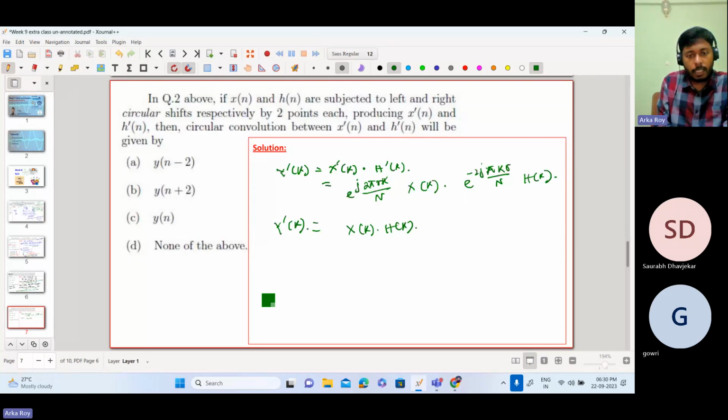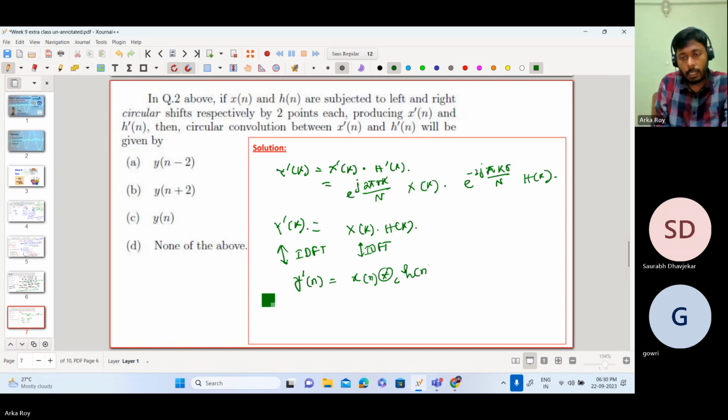So now if I take the IDFT on both sides, it will give me y'[n] equals x[n] convolved with h[n].